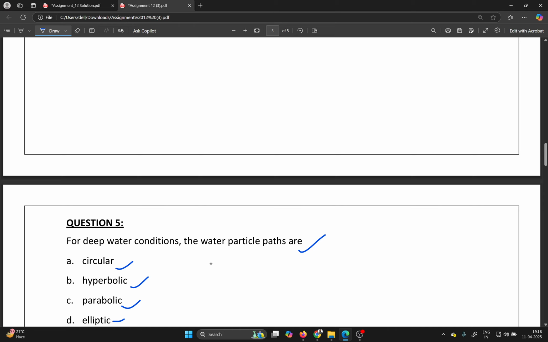The water particle path, that is, the particle is here, then which path does this particle follow, whether circular, hyperbolic, parabolic, or elliptical? Which option will be correct for question number 5?